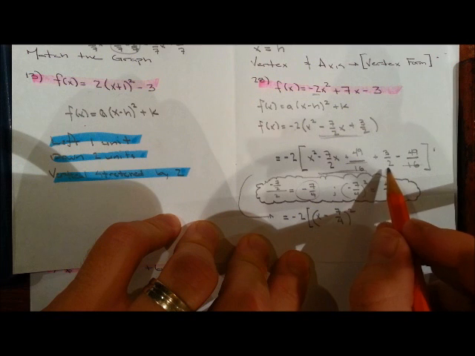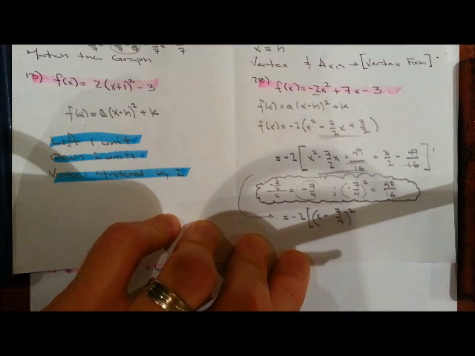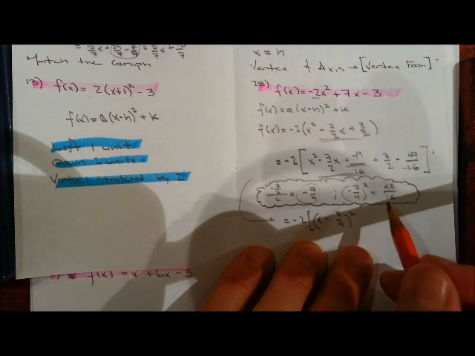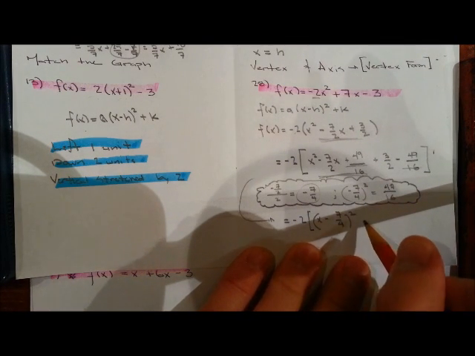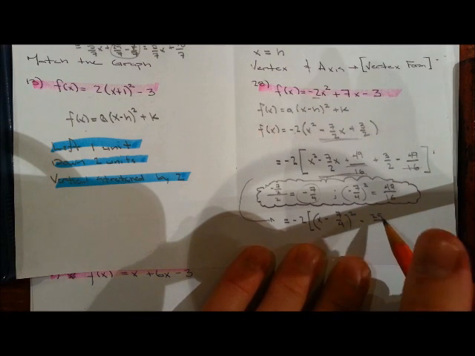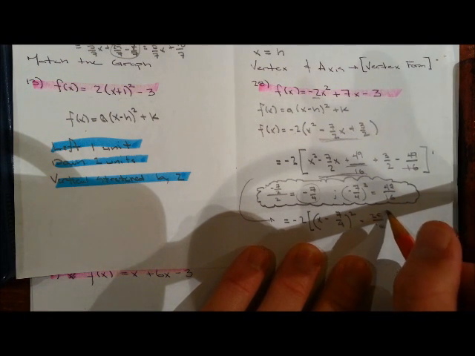And then I also now have this positive 3/2 minus 49 over 16. My result with 3/2 minus 49 over 16 is going to be negative 25 all over 16.